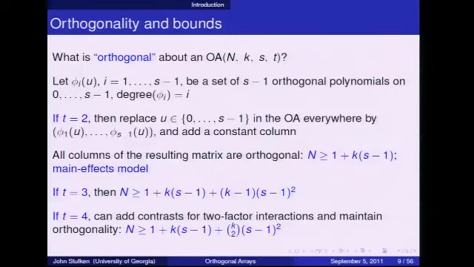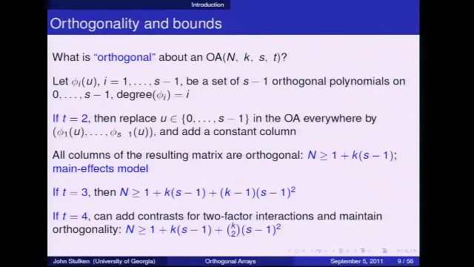So coming back to this question, what is orthogonal about an orthogonal array? Here's a mathematical answer. Take a set of s minus 1 orthogonal polynomials on 0 to s minus 1, where the degree of the ith polynomial is equal to i, so they're also orthogonal to the constant polynomial, the polynomial of degree 0.